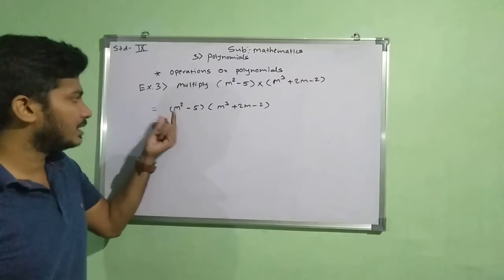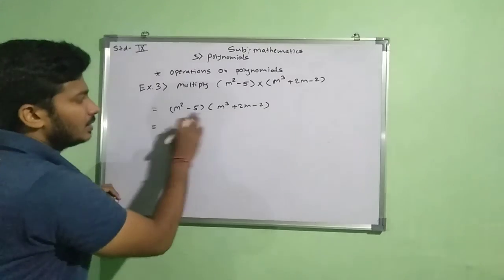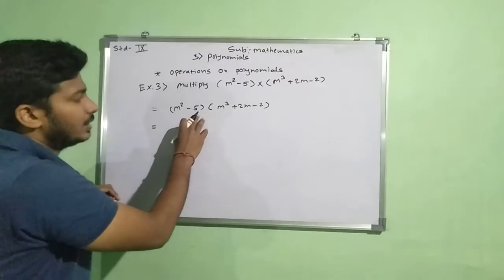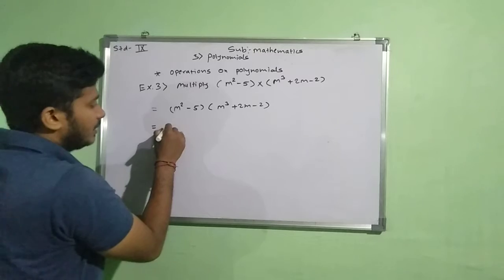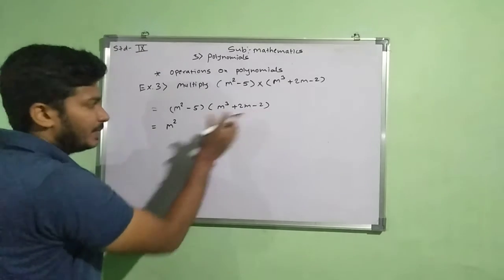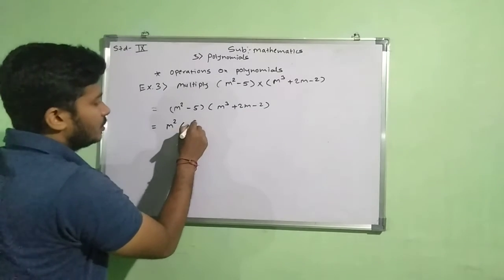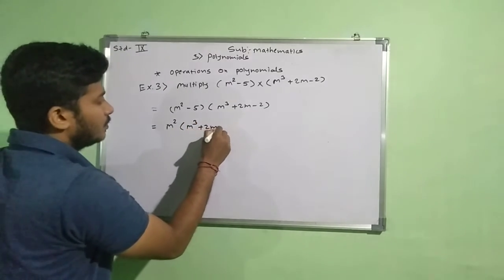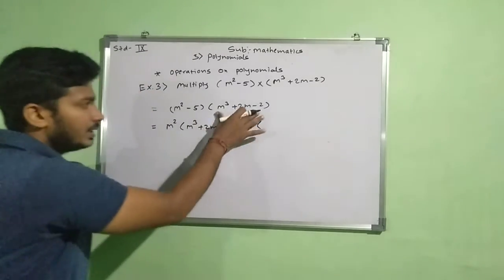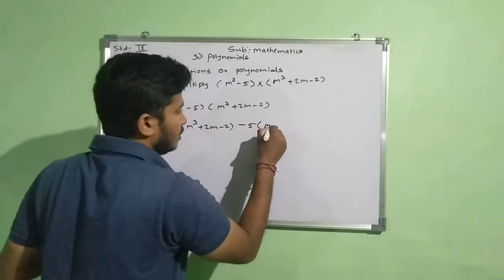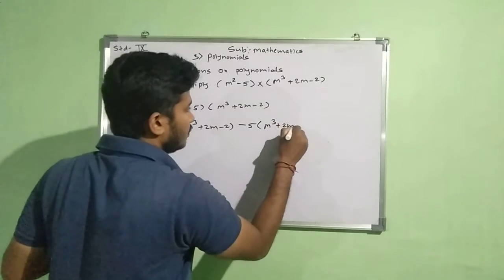That means we will separately multiply m square with that bracket, separated with the negative sign, and then we will multiply that 5 with that bracket. First we will multiply m square with the complete bracket, which is m cube plus 2m minus 2. Then minus 5 and the complete bracket again, m cube plus 2m minus 2.